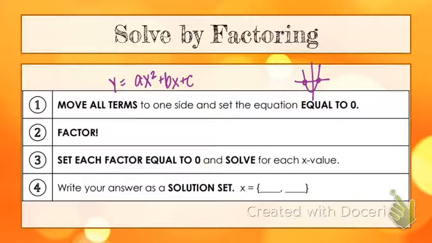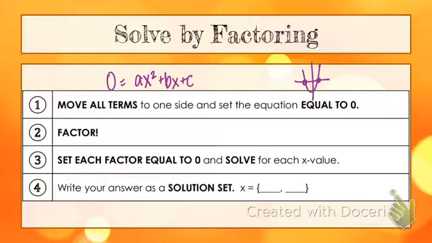You calculate an x-intercept by setting y equal to 0. So that's what we're doing here. We're going to use factoring to find the x-intercepts or solutions or roots or zeros. Those are all the same thing when we're talking about quadratics. We're going to use factoring to solve them.